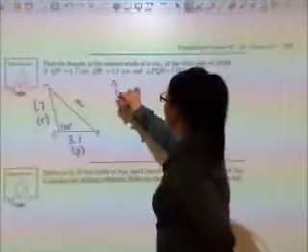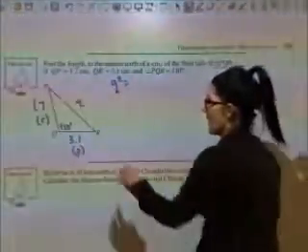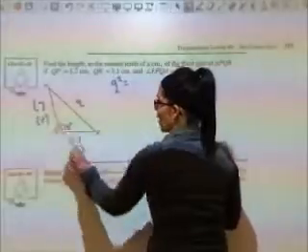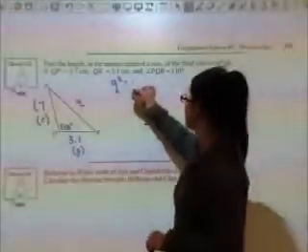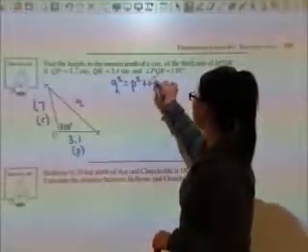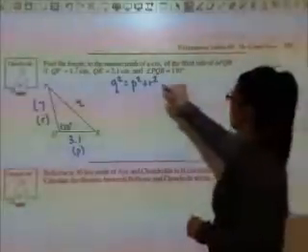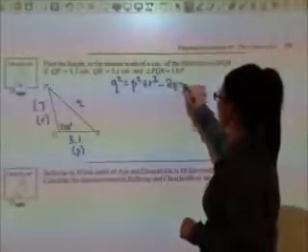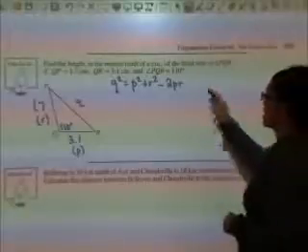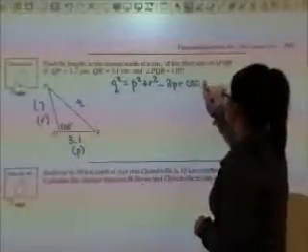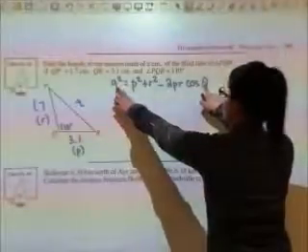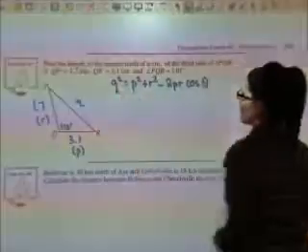So I get Q squared equals the sum of those two sides squared. So P squared plus R squared minus 2 times P times R. And then my cos is Q, because this is what has to match up.